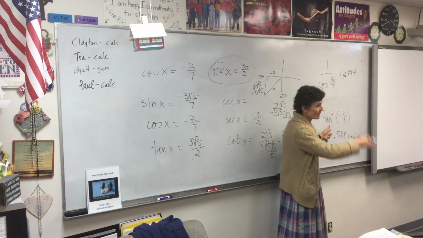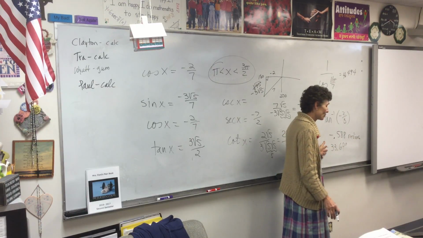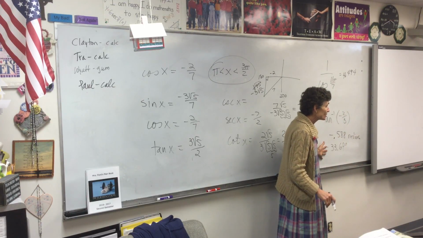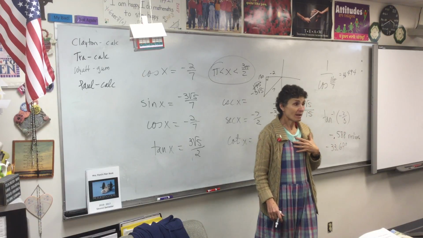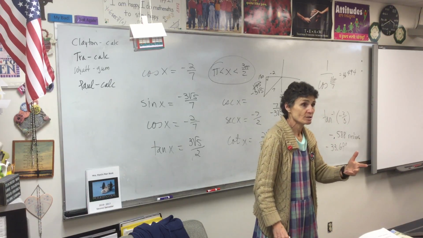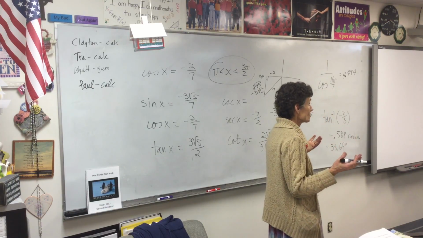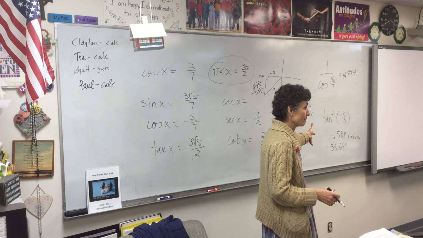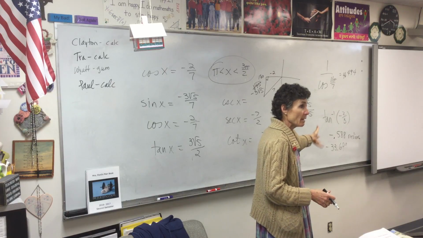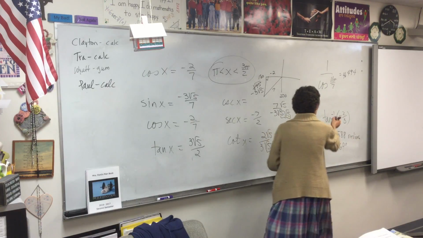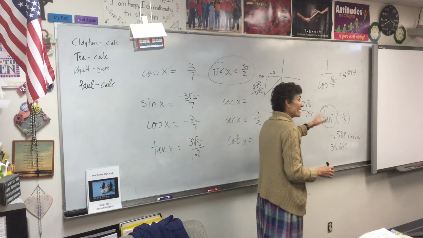If you're in radians, it'll come out as a radian. If you're in degrees, it'll come out as a degree. It doesn't matter to me unless the directions say answer in radians or answer in degrees. Otherwise, it makes no difference. Those are both right answers. And we don't have to do anything fancy because you have that button. Just press it.